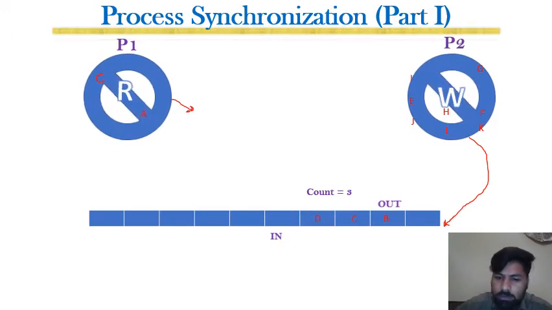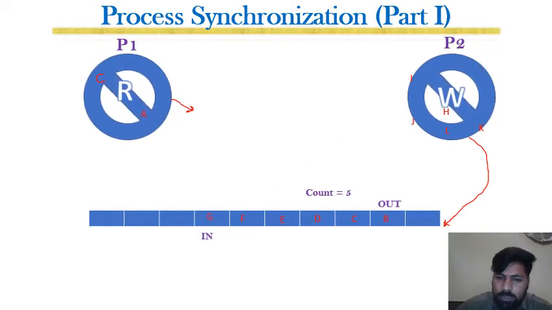So out has been moved one step ahead, and this way, for example, another character is generated and placed in the buffer, count is incremented and in is moved ahead. Similarly another character is generated, placed in the buffer, and count is incremented and in is moved ahead.